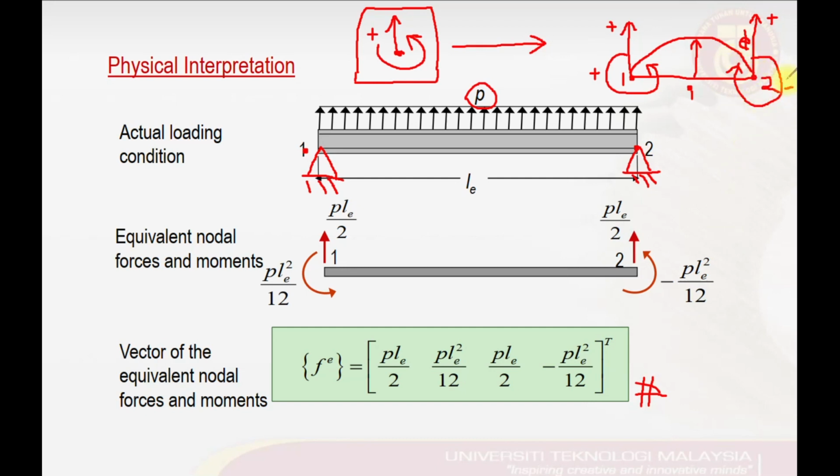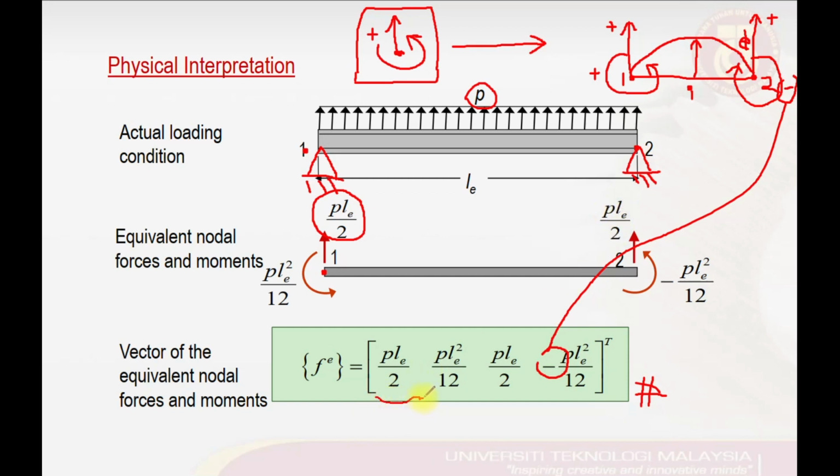So this is what is happening in this equation. PL over 2 actually refers to the equivalent nodal force applied to node number 1, which is contributed from this uniform distributed load. And the same applies here at node number 2, where we still have PL over 2 as well.